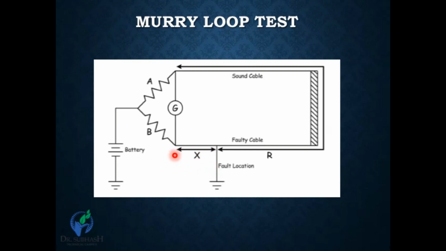If the distance is 1000 km, then the distance from the operating point to the faulty point is 100 km. So from this, we can find the value of X and convert it into the distance of the faulty point.